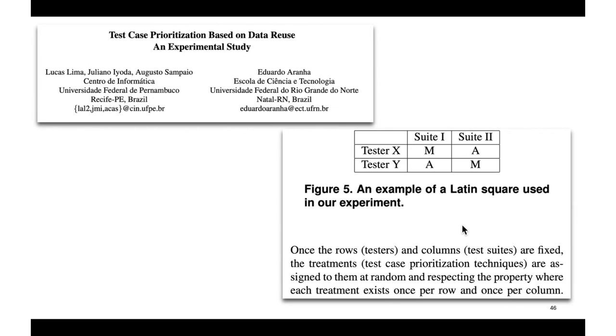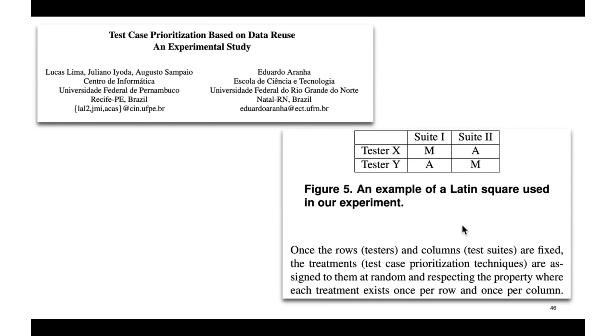As you see on the screen, tester X applies manual prioritization to a suite, and tester Y does the same. In the same way, tester X applies automated test prioritization, and the same for tester Y. And in the same way for suites 1 and 2.